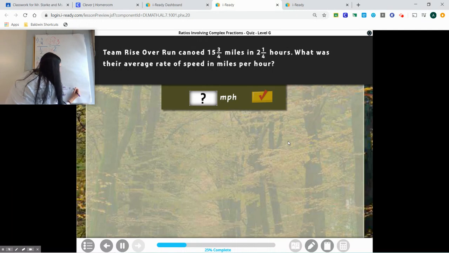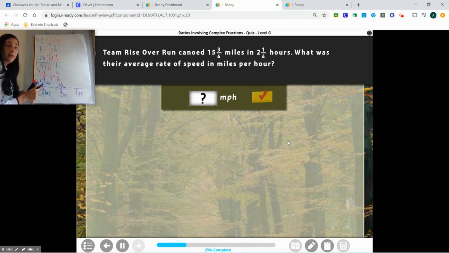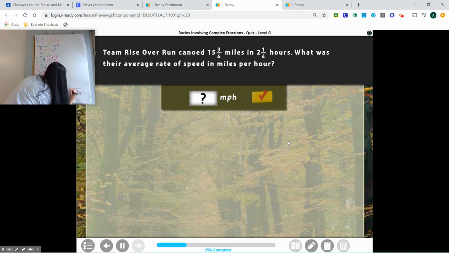So now we want to get to a 1 in our denominator. We're going to multiply by our reciprocal. What's the reciprocal of 9/4? Hopefully you told me it was 4/9. These will cancel. We're going to multiply the top by 4 over 9.